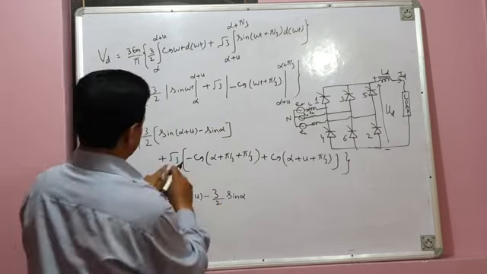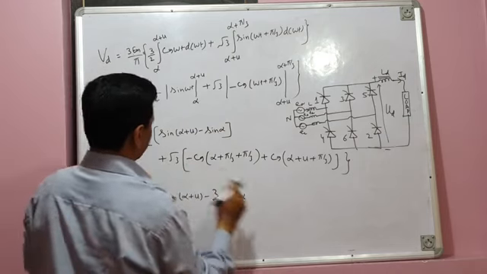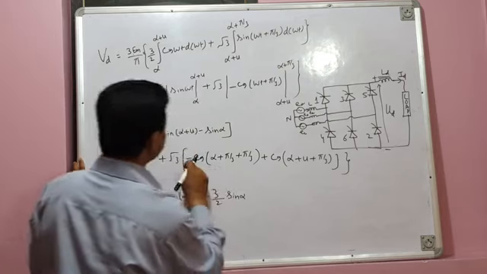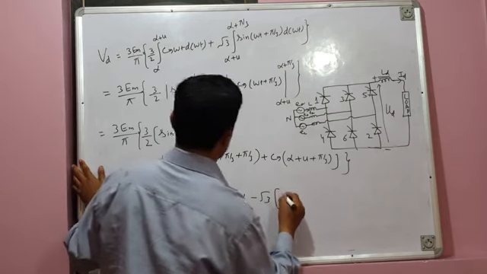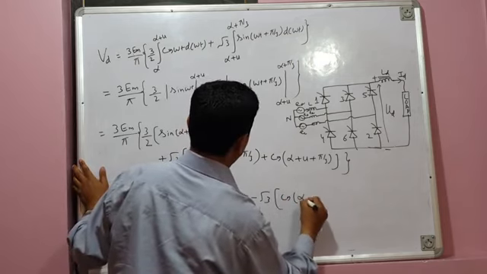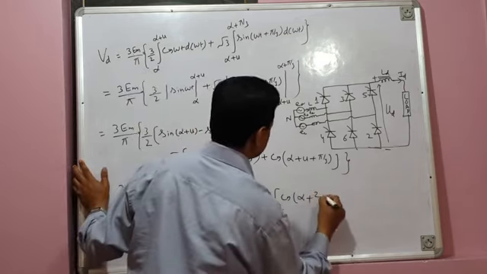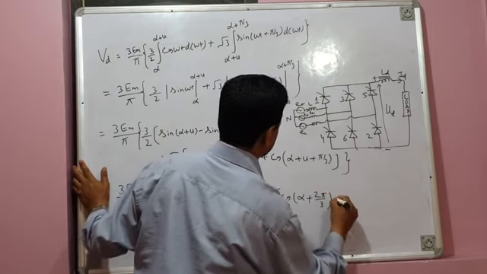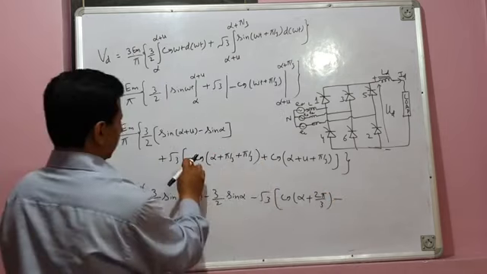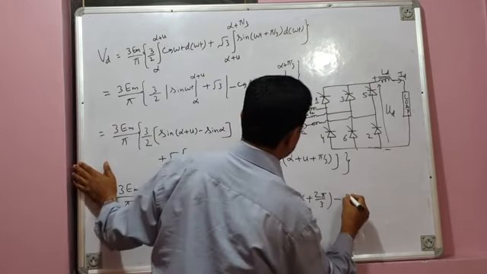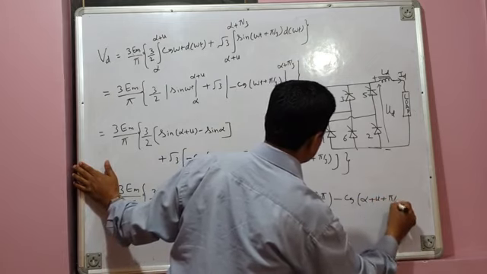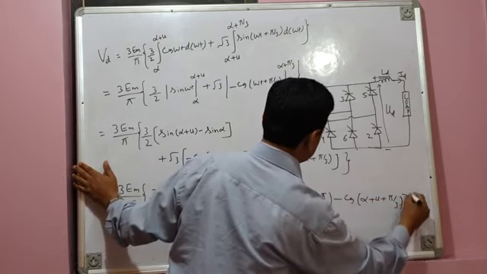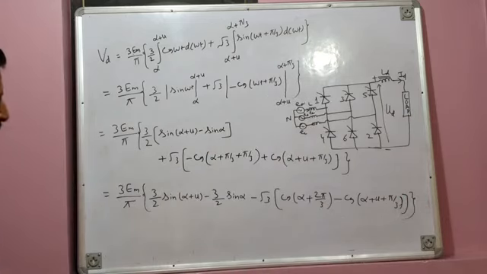Now plus, this is root 3, so I can take this minus out. So this is minus root 3 times, what I get inside is cos of alpha plus pi by 3 plus pi by 3, which is 2 pi by 3, plus, this will be minus because I have taken minus out, cos of alpha plus u plus pi by 3. Now I can further simplify it.